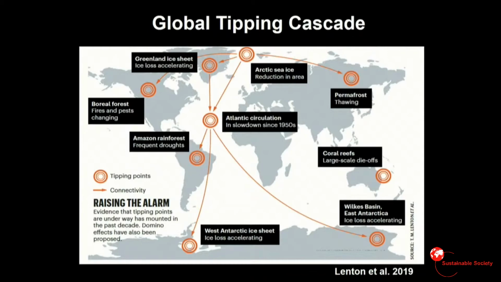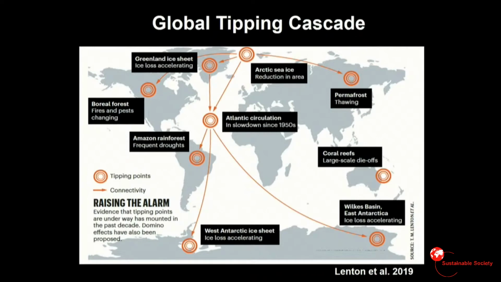And as it warms even more there, that ice loss accelerates even more. So there is more fresh water being poured on the Atlantic Ocean, North Atlantic. That slows down the Atlantic circulation even more. What does that do? It decreases the rainfall in the Amazon forest. That leads to more droughts, more fires. So here we have a direct link between melting ice on the Arctic Ocean and the burning of the Amazon forest. And you can see there are other areas.